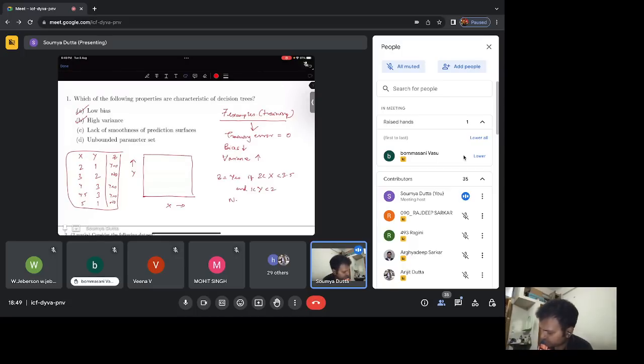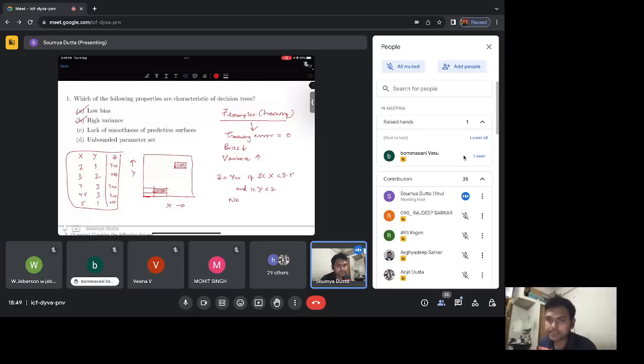So x is between 2 and 3.5, and y is between 1 and 2, so this region would be yes, let's say, and you might have another region like this which comes out to be yes.